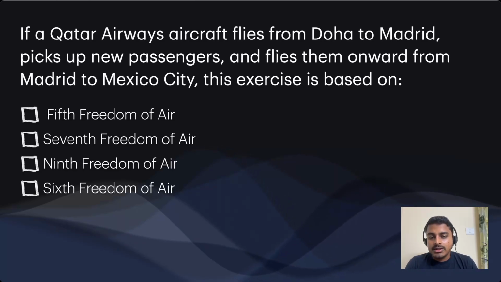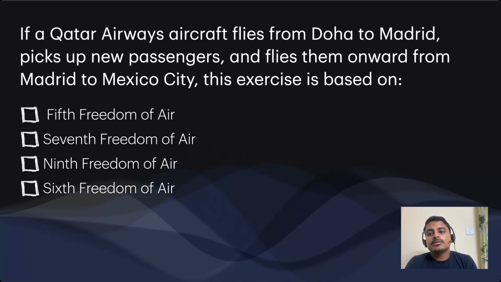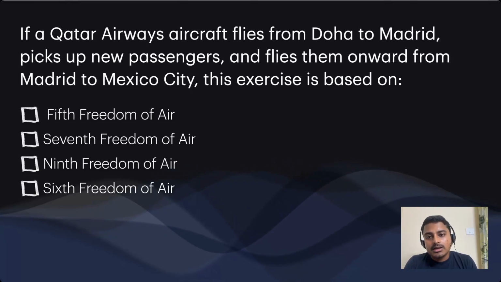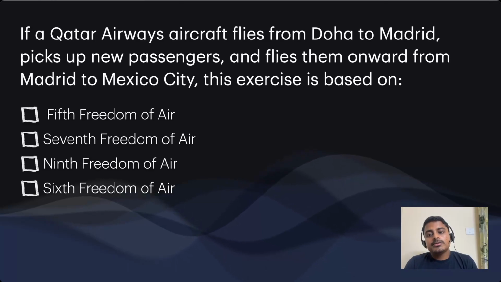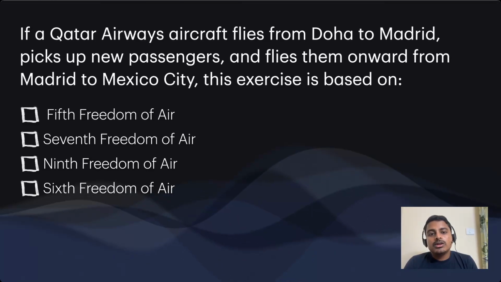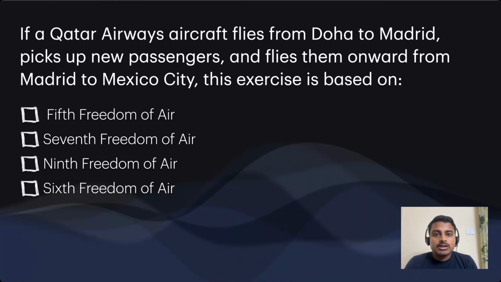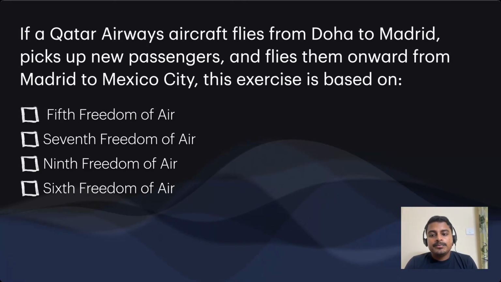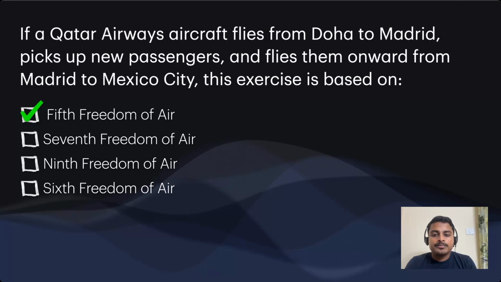Since it's a Qatar Airways aircraft and Doha is part of the route, that is why it is able to carry passengers between two other countries, right? So the correct answer is fifth freedom of air.